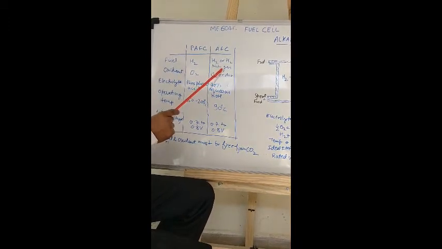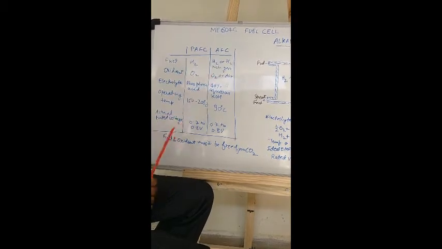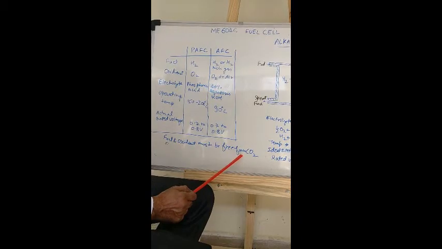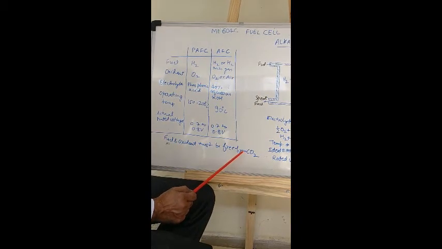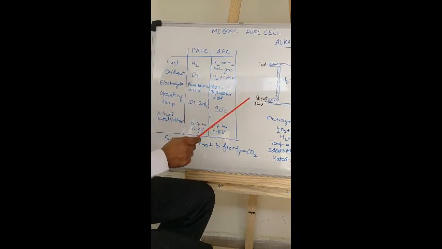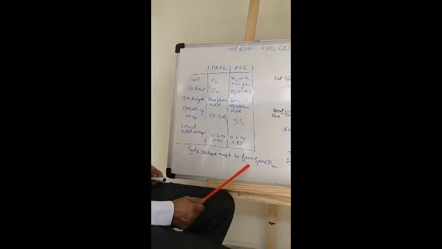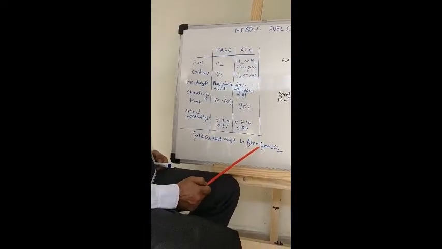So if we use hydrogen-rich gas or air as fuel and oxidant, these two gases should be free from CO2, carbon dioxide. If carbon dioxide is present with hydrogen-rich gas or oxygen, then it reduces the output of the alkaline fuel cell. So this is the most important condition with alkaline fuel cell.